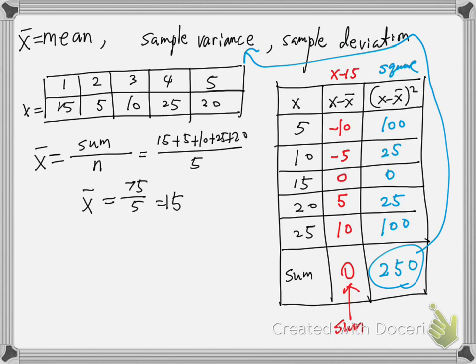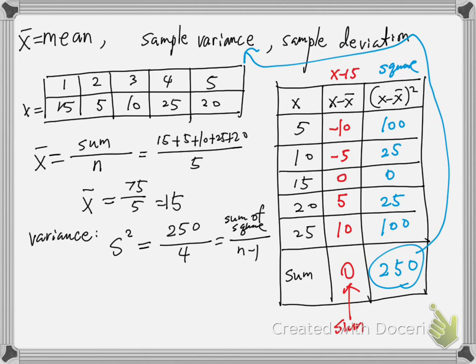So what's the formula for the variance? We use S squared, that's the notation for variance. It's the sum of squares, the sum 250 in the table, divided by n minus 1.